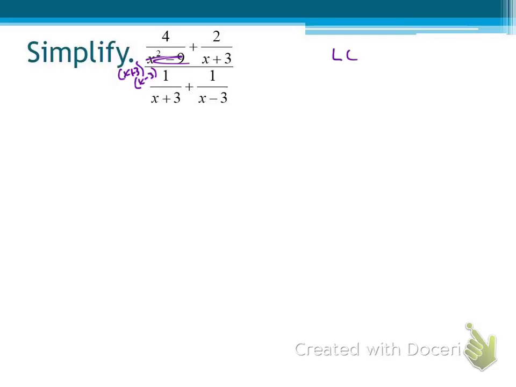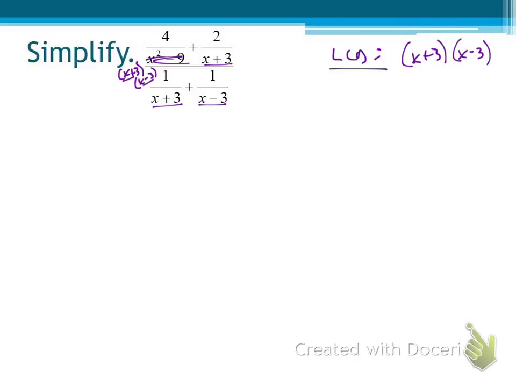And so our least common denominator becomes, well, x plus 3 for sure. That means that I can account for at least one x plus 3 from every other denominator. And then an x minus 3, which will account for one x minus 3 in each denominator. And that takes care of all of our factors.